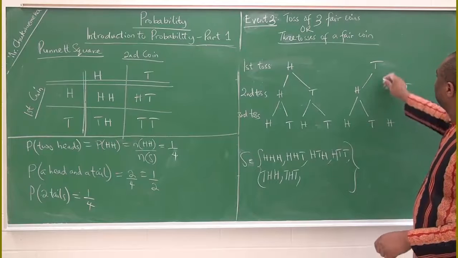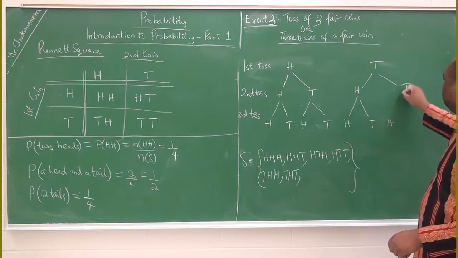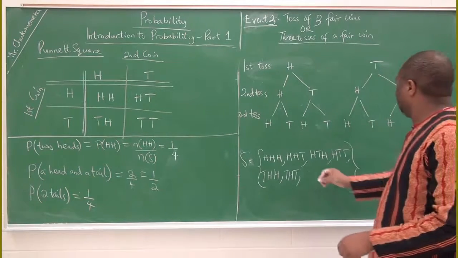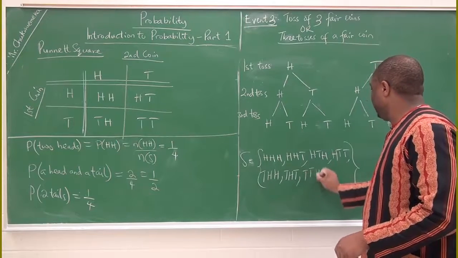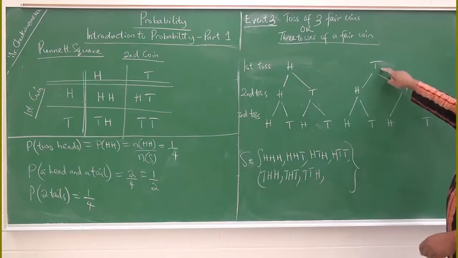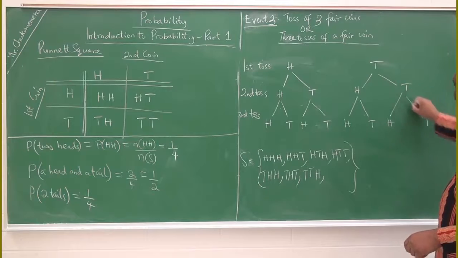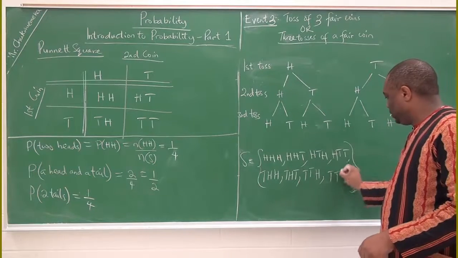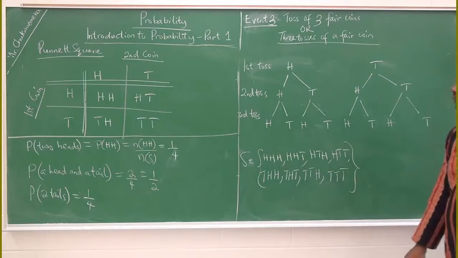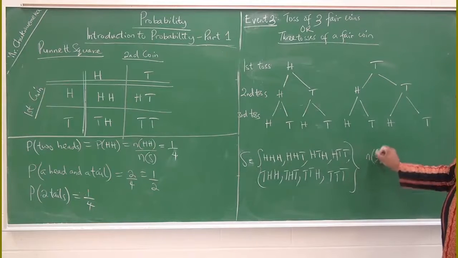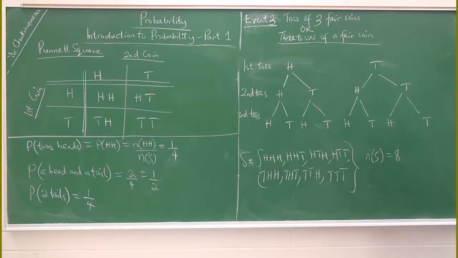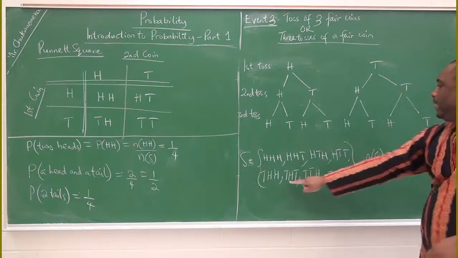Then tail, tail, head. Then tail, tail, tail. So the cardinality of the sample space is what? 8. 1, 2, 3, 4, 5, 6, 7, 8.